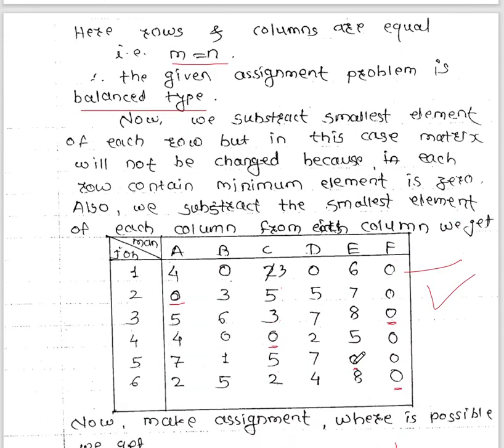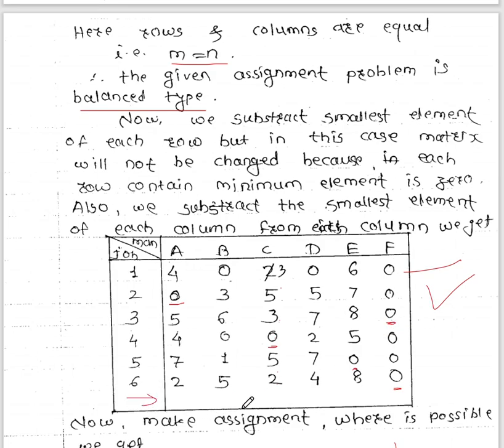Suppose the number of columns is 5 and the number of rows is 6. Then you have to add a dummy column. And suppose the number of rows is 5 and the number of columns is 6. Then in this case you have to add one dummy zero row.